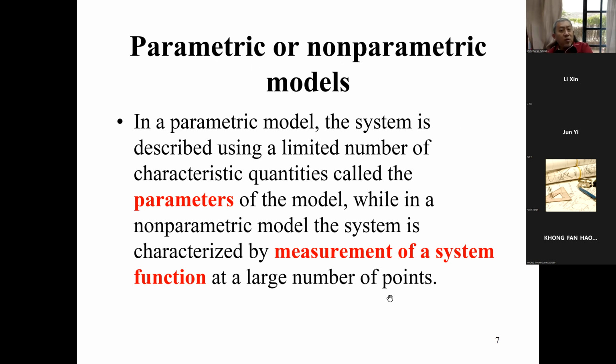In a parametric model, the system is described using a limited number of characteristic quantities called the parameters of the model, while a non-parametric model is characterized by the measurement of a system function at a large number of points. That is the difference between parametric and non-parametric.